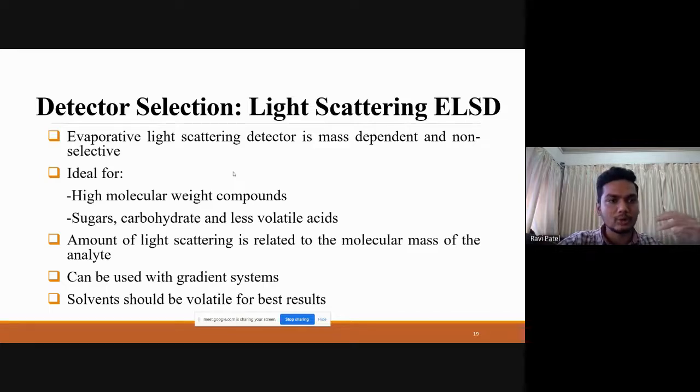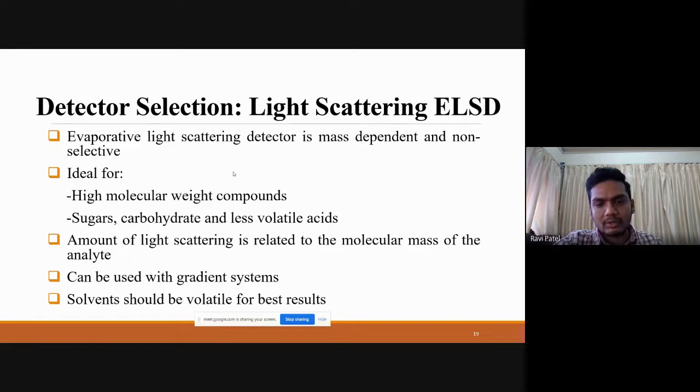So that's why it is known as the evaporative light scattering detector. It is ideal for high molecular weight compounds, sugars, carbohydrates, and less volatile acids. But the limitation is there.